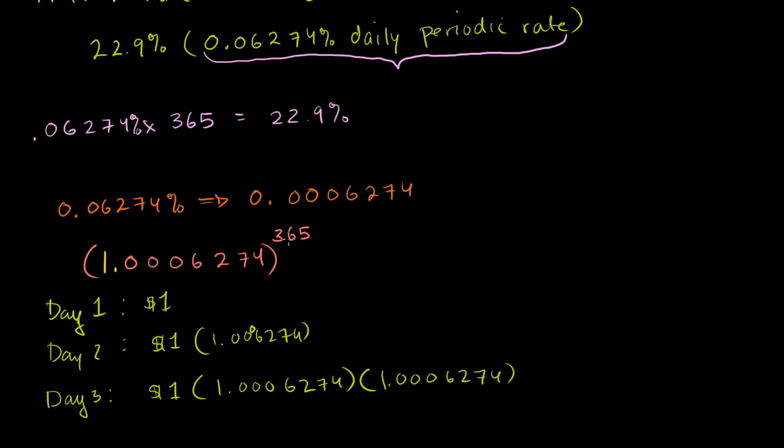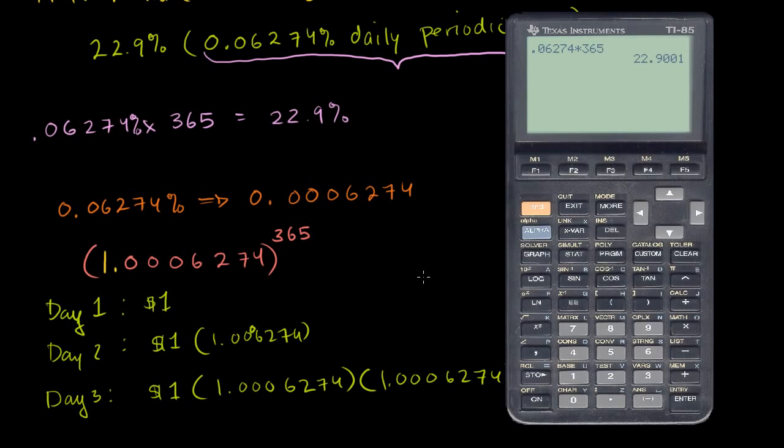And this isn't counting any kind of extra penalties or fees. So this number, whatever it is, once I get it and subtract 1 from it, is the mathematically true, effective annual percentage rate. So let's figure out what that is. If I take 1.0006274 and raise it to the 365th power, I get 1.257.